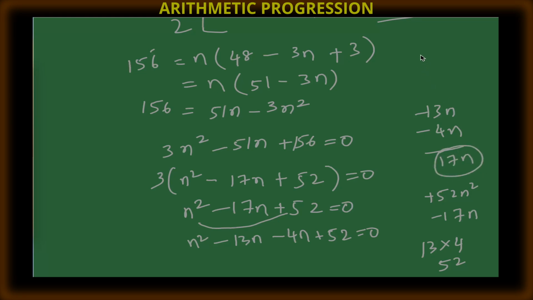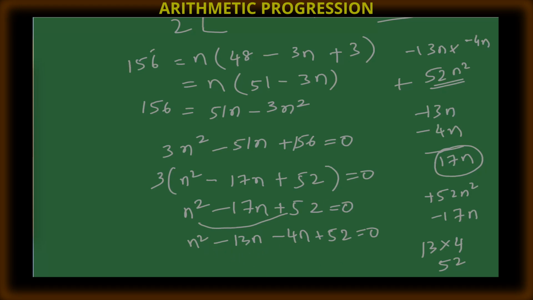Okay, minus 13n into minus 4n, minus minus becomes plus, 13 fours are 52, n into n is equal to n square. Okay, taken. So this is fine.